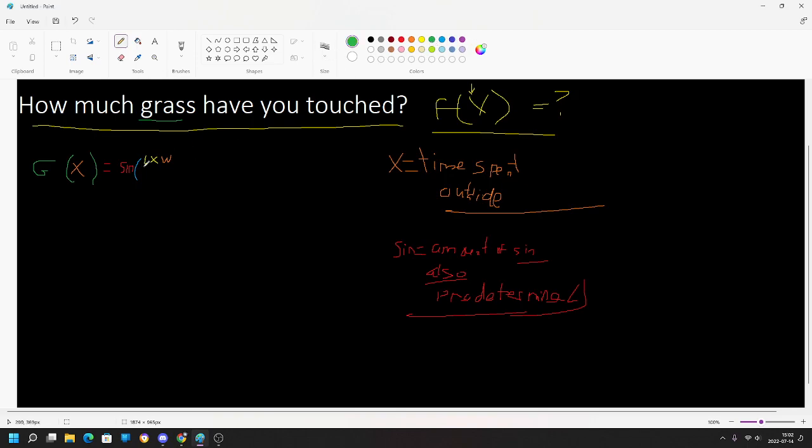Let's use green. We have to put parentheses around there, and since length times width equals yards, that is your yard's area, and it also measures in square units. So we have to square units.